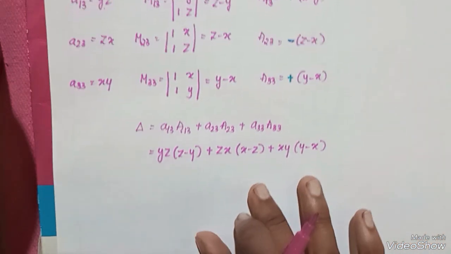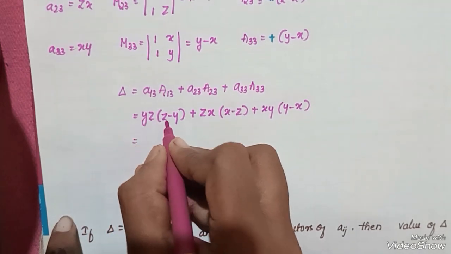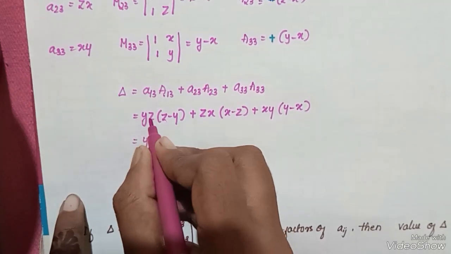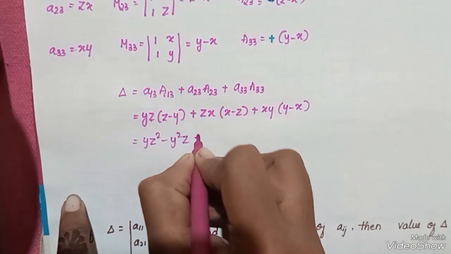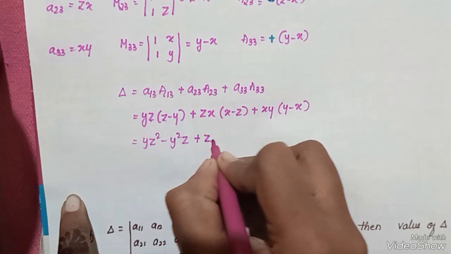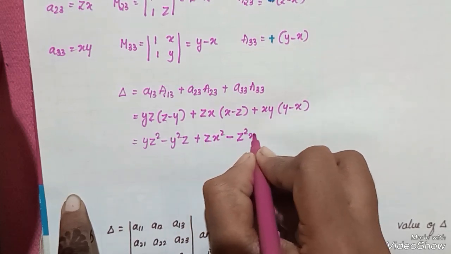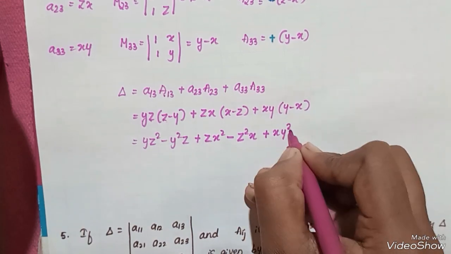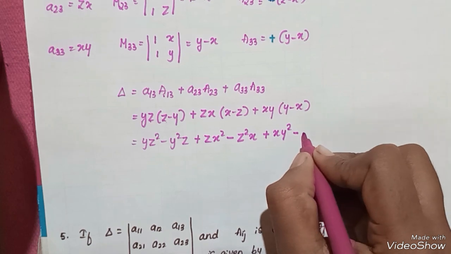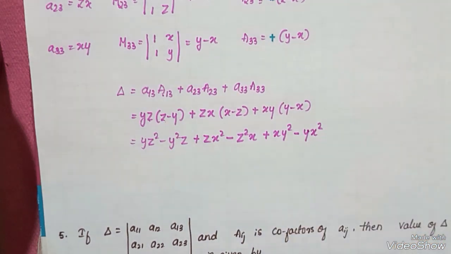Then we multiply: first y into z gives yz square minus y square z, plus zx square minus z square x, plus xy square minus yx square.